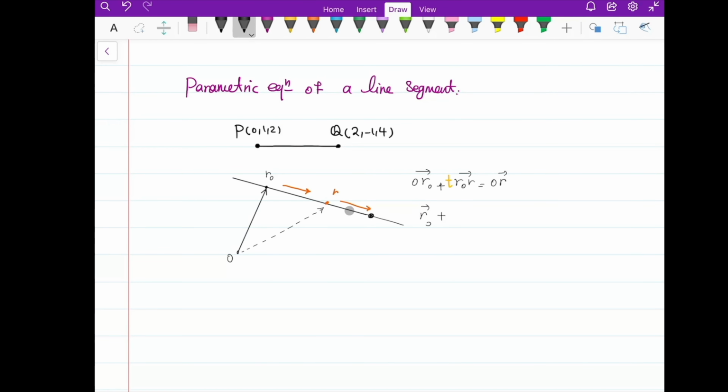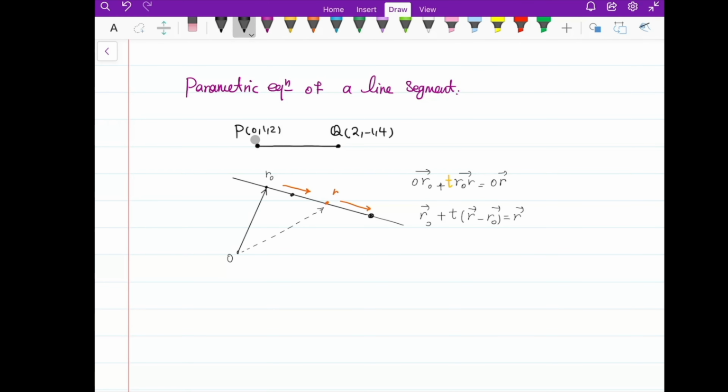If I want to get just up to here, it would be OR0 plus half of the R0R. So for any number that I put instead of the parameter t, changing the length of the direction vector, I get a different point of the line. That's why it's important to have the parameter t in here. And then it would be R minus R0, and it would be equal to R, right?